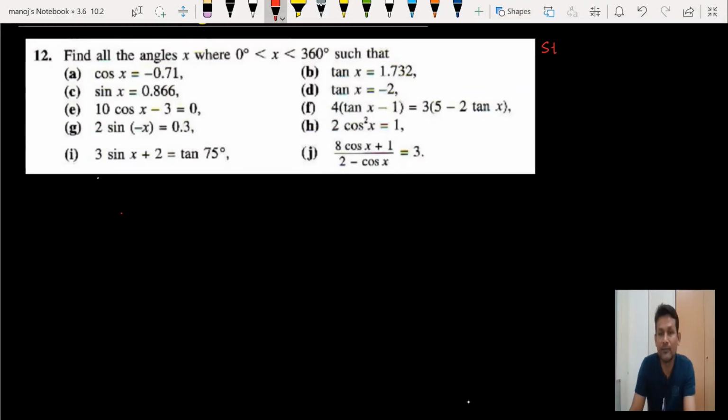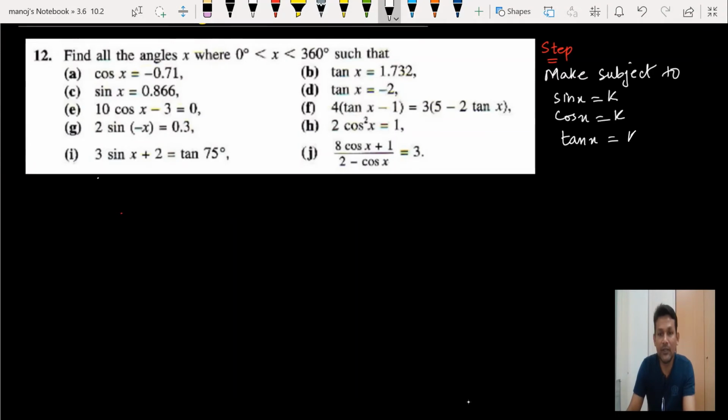Step number 1: make the subject sin x is equal to k, cos x is equal to k, or tan x is equal to k. This is your first step.